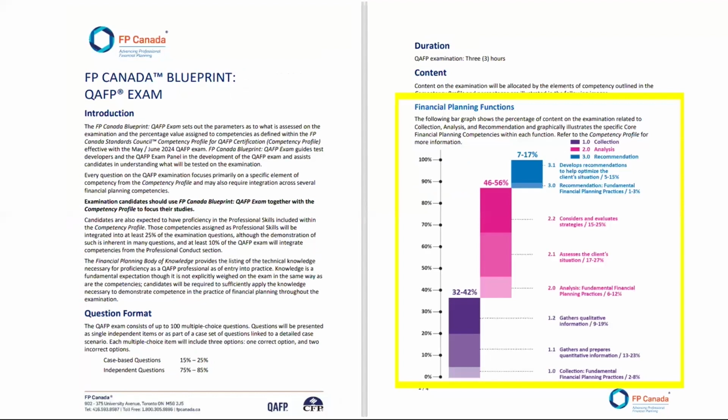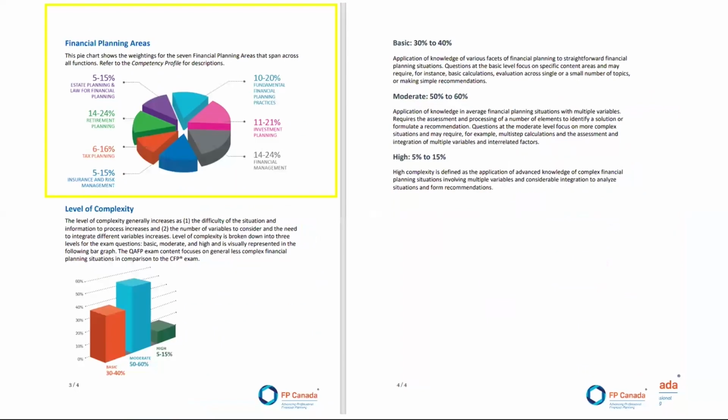In Section A on this slide, you will note that the blueprint indicates a higher focus on the demonstration of the collection and analysis competencies. As you can see in Section B, all financial planning areas are tested on the QAFP examination and show comparable weightings, which emphasizes the importance of reviewing all topic areas when preparing to write the exam.